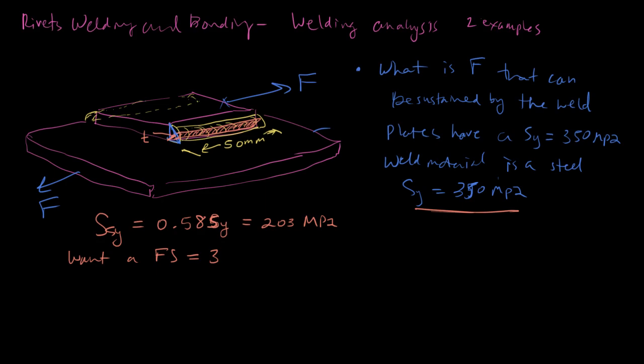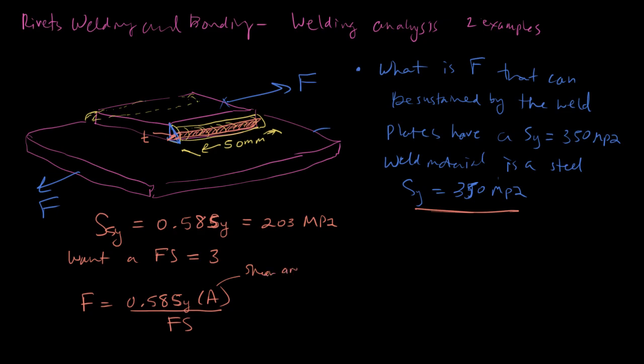and we will then just calculate the force, and the force is going to be the max stress times the area over the factor of safety, and the area is the area of the weld, the shear area.